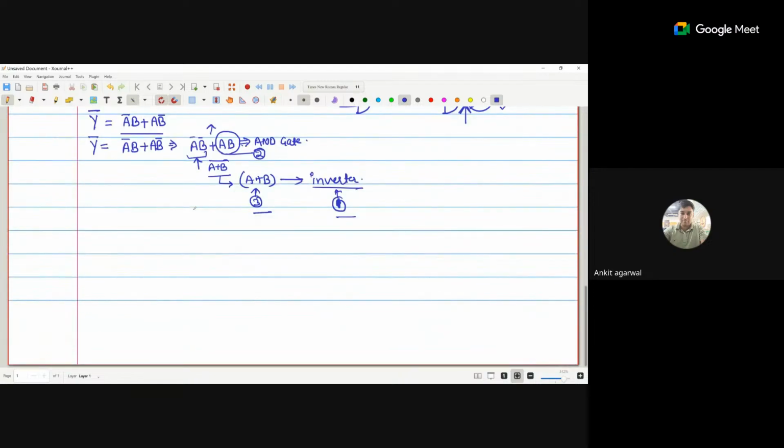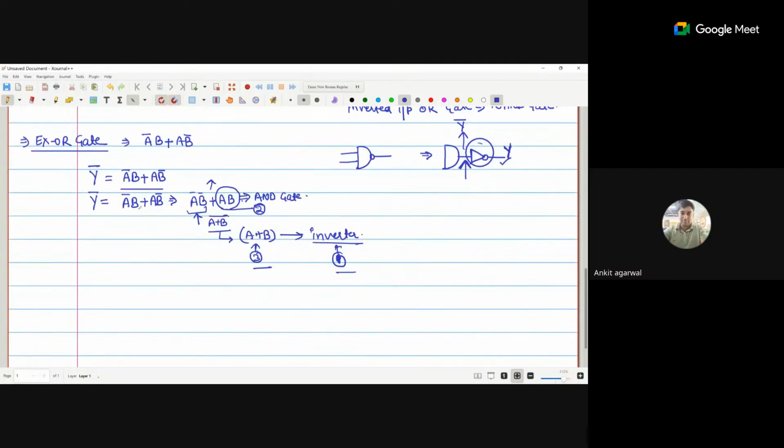So what should I do for the XOR gate? This is my NAND gate, so what I am getting is AB bar.